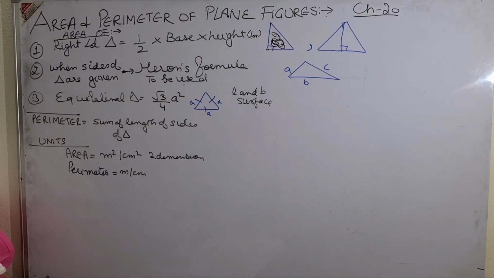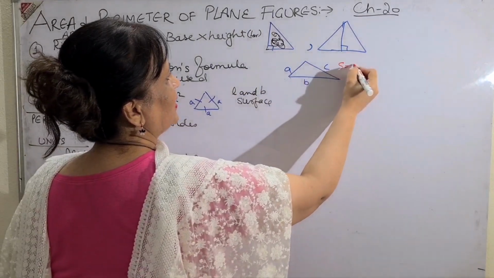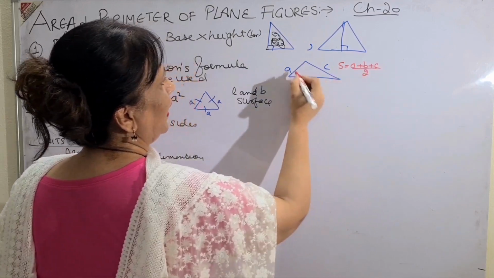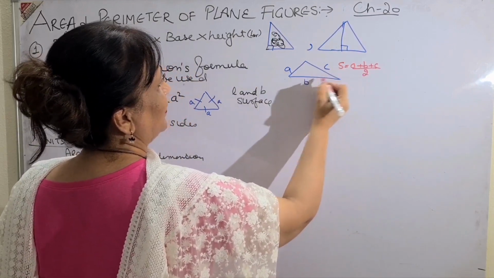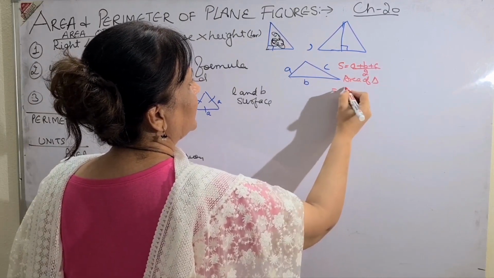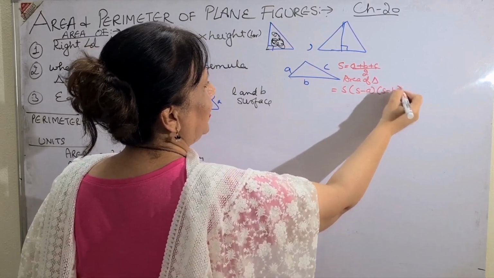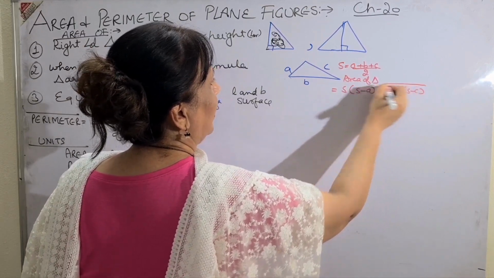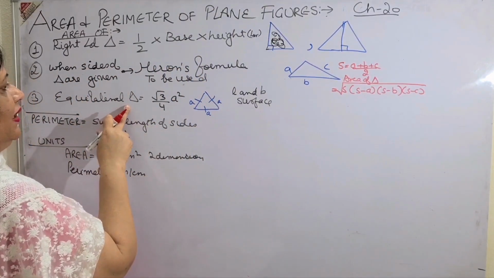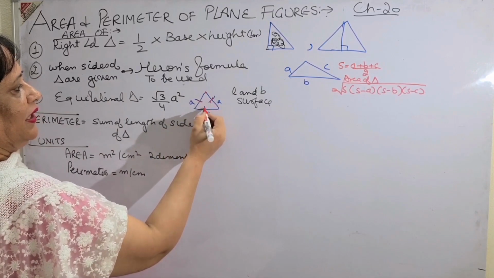Heron's formula means you have to calculate S, which is a plus b plus c upon 2, where a, b, c are the sides of the triangle. Then you will find the area of the triangle, that is the square root of S into S minus a, S minus b, S minus c. And third, I have written on the equilateral triangle. As the word equilateral means, all the three sides are equal.